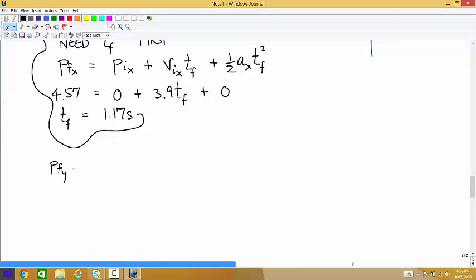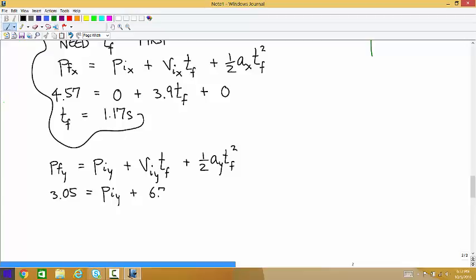And so now you can take this and add it to the list of things that you know. And now you can use PFY is equal to PIY plus VIY TF plus 1/2 AY TF squared. So 3.05 is equal to PIY plus 6.75 times 1.17 minus 4.905 times 1.17 squared.